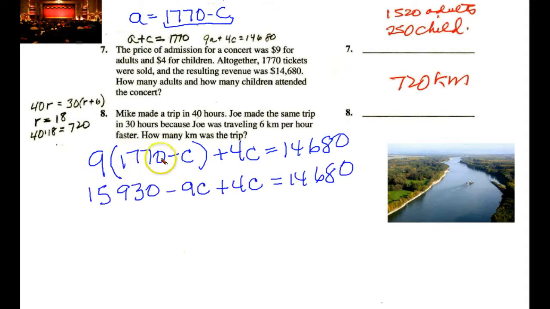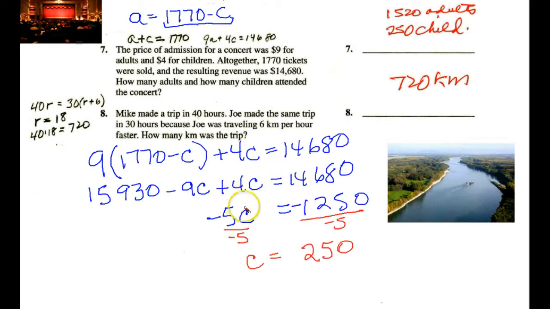All right, let's work this. So 9 times this is this. 9 times a negative C, negative 9C. We're going to group like terms. Here we get a negative 5C. We're going to subtract this from both sides. So we then get this in blue. Then we're going to divide both sides by a negative 5.